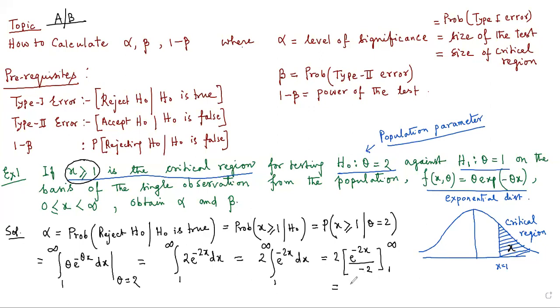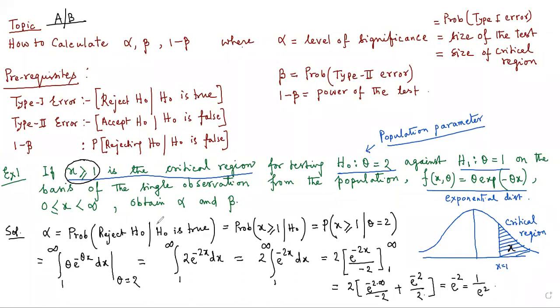Now, if I substitute these points over here, we get this. The first part will become 0, and the second part will become 2 into e to the power minus 2 by 2. So this is just e to the power minus 2, which is 1 by e square. So this is the probability of committing the type 1 error.